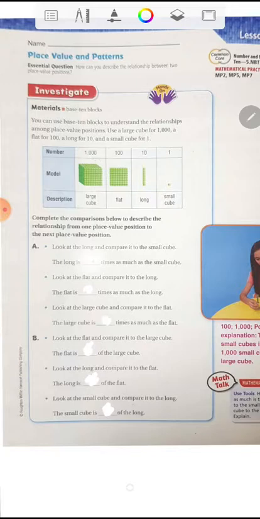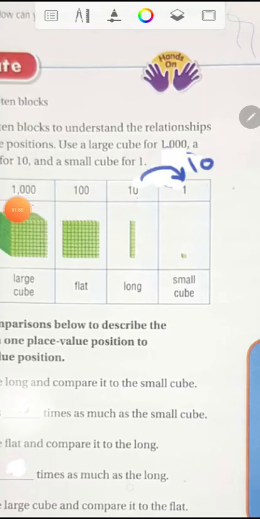So each digit here, the relationship between this digit and the digit before it tells me that this digit is 10 times the ones digit.